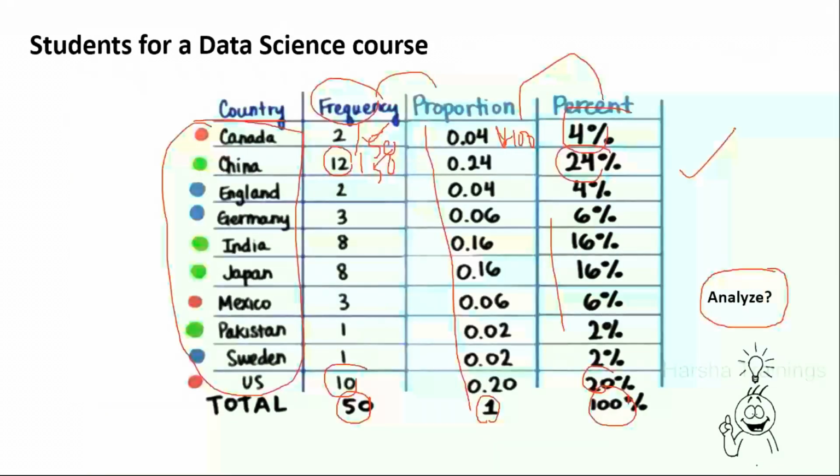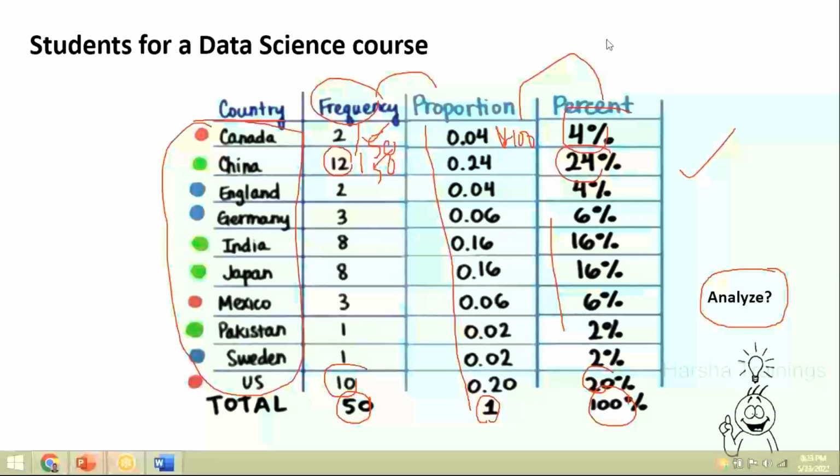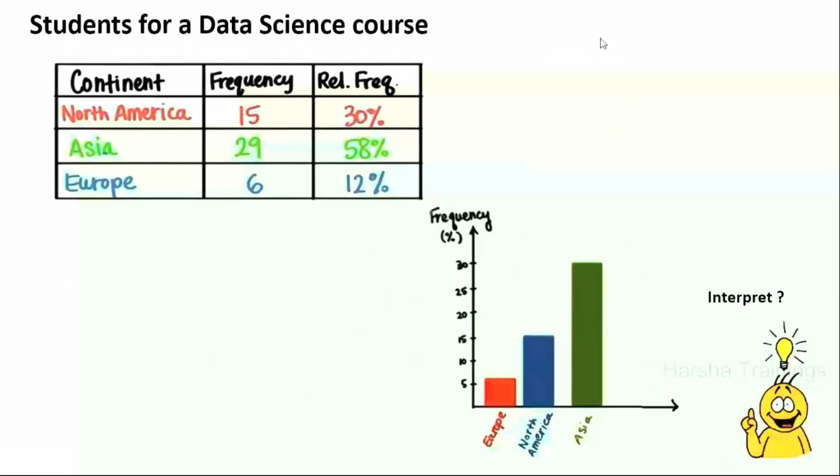Is it okay? Any queries in this data? Shall I continue? Yes. Now, another thing I am doing is representing the data in the form of charts and some sort of visualizations for interpreting. Here I have converted my given data in terms of continents: North America, Asia, and Europe.